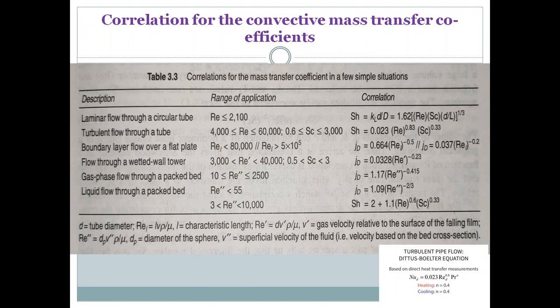Here I have given a few correlations just for understanding, since you have already studied a similar concept in heat transfer. Some correlations are available based on experiments in their ranges.